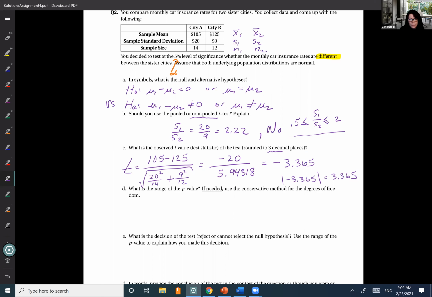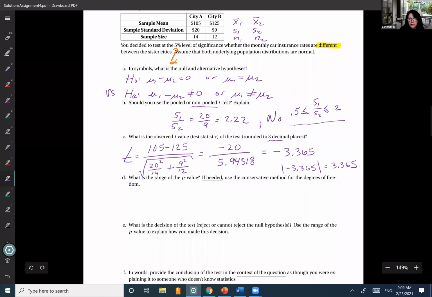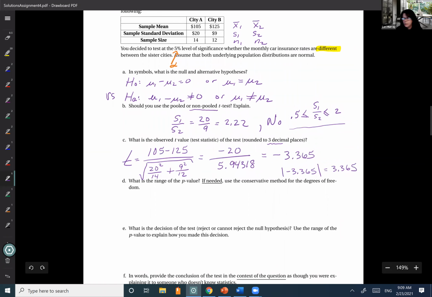So what is the range of the p-value? If needed, use the conservative method for the degrees of freedom. And we do need to use the conservative method. We just take a look at the smallest degrees of freedom. The smallest sample size is 12, so the degrees of freedom we would use for this test would be 11, because you just do 1 minus that.